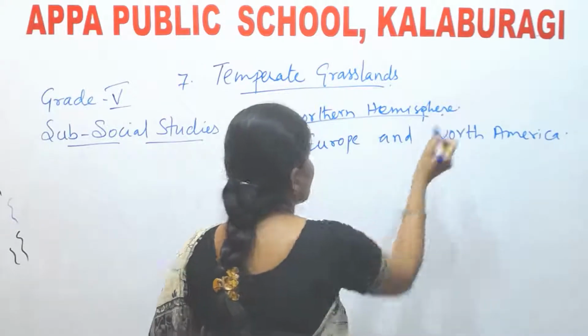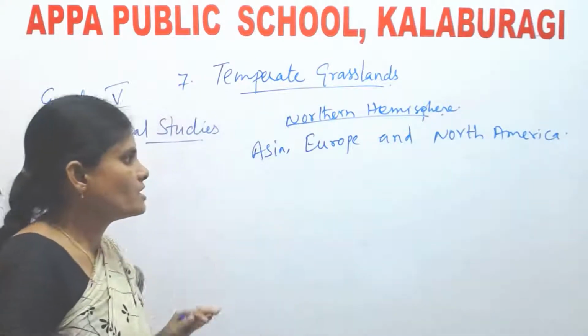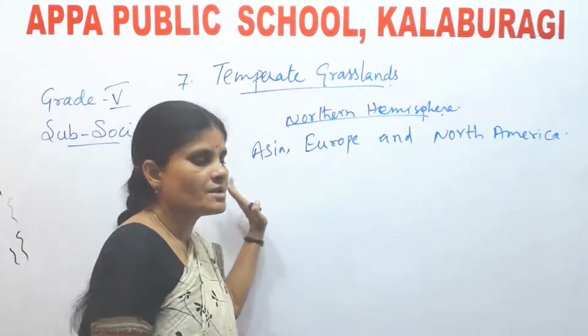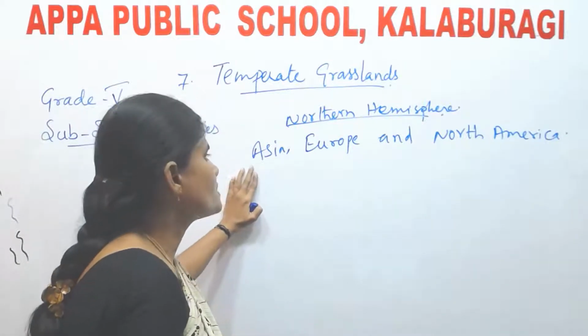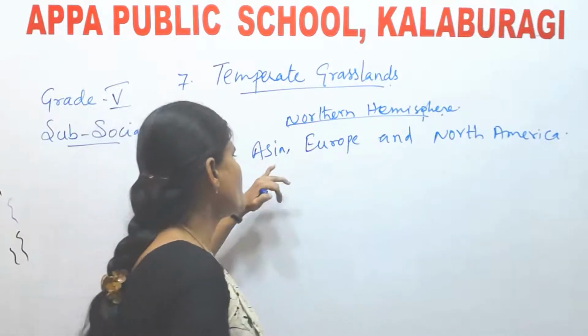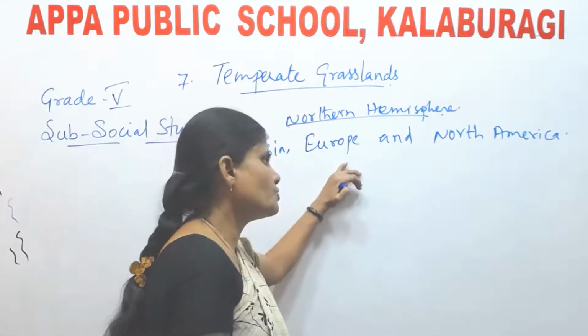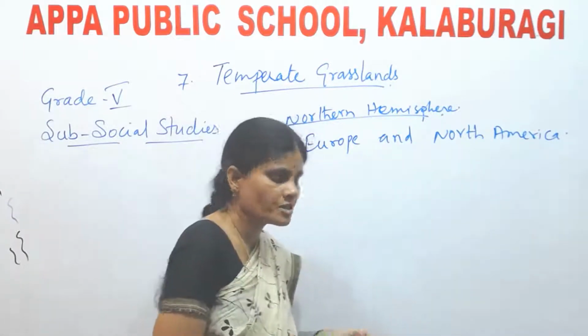The temperate grasslands which are located in northern hemisphere are in Asia, in Europe and in North America.